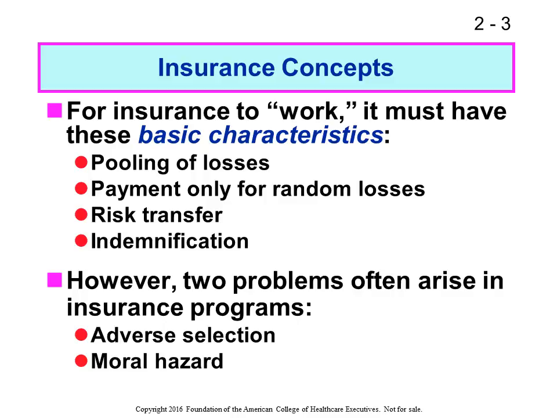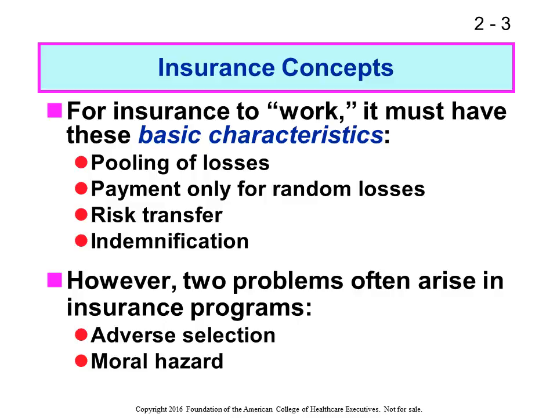So adverse selection says individuals and businesses that are more likely to have claims are more inclined to purchase insurance versus those that are less likely to have claims. Okay? So let me give you an example. In your book, an example was given about a surgical procedure.